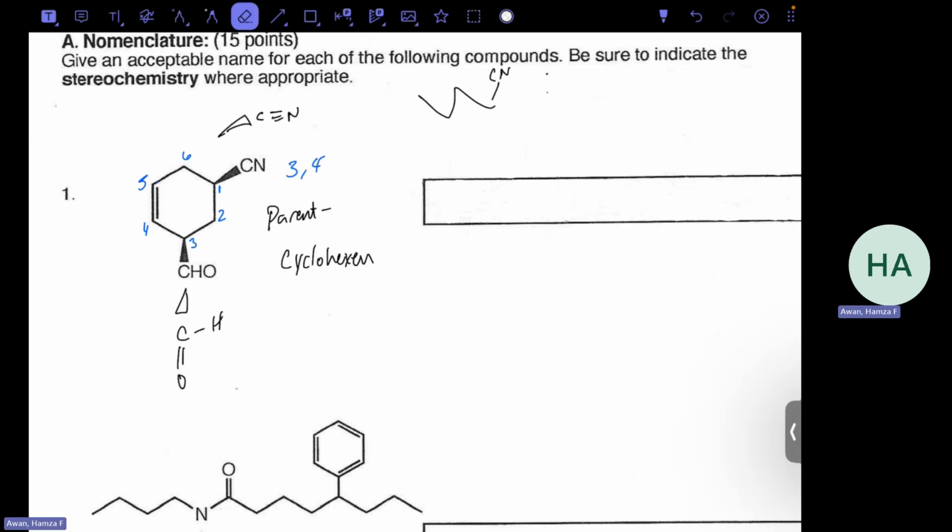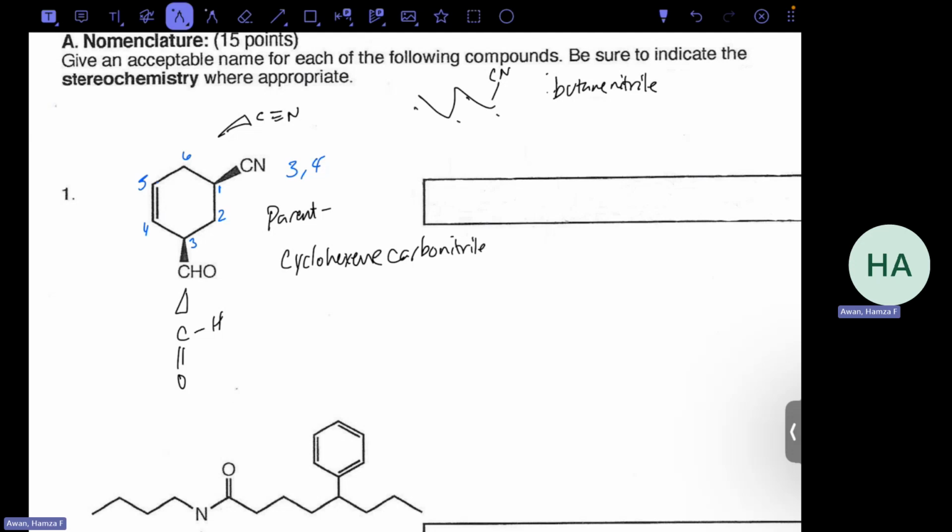So if this is a 4 carbon chain, we would have butanenitrile. But because this is a cyclo, it's not going to follow those same naming standards. Instead, we're going to have the cyclohexene, we're going to add the E, but then we're also going to call it a carbonitrile.